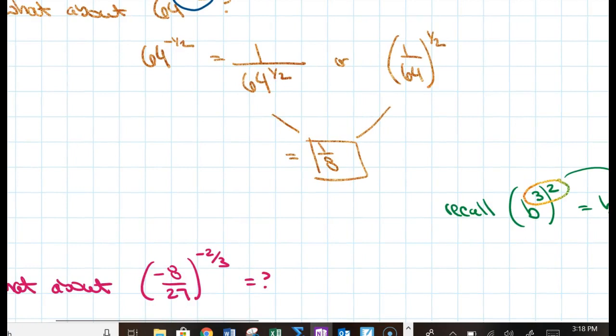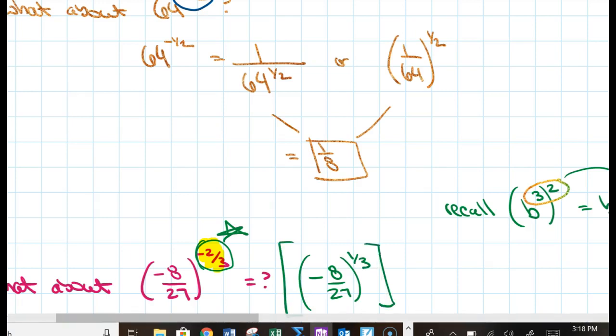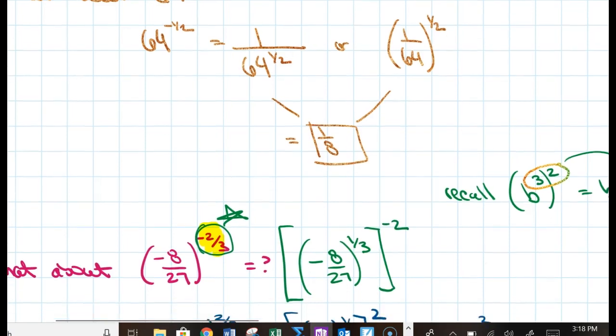Negative 8/27 to the negative 2/3, like that's alarming, right? Well, we can also write it this way. We can rewrite this as negative 8/27 all to the 1/3 and then to the power of negative 2, because look what happens here.